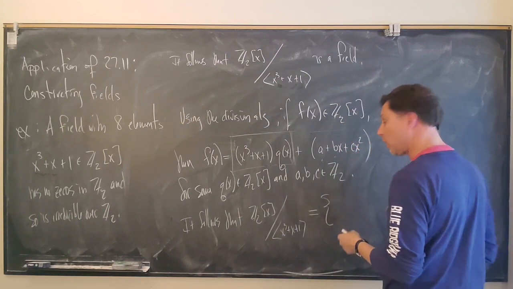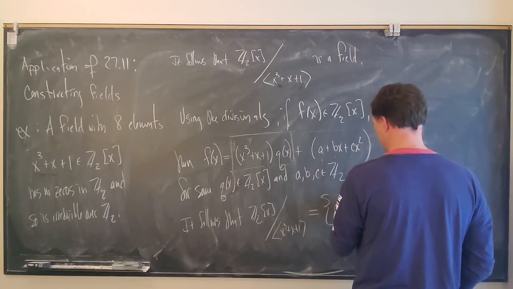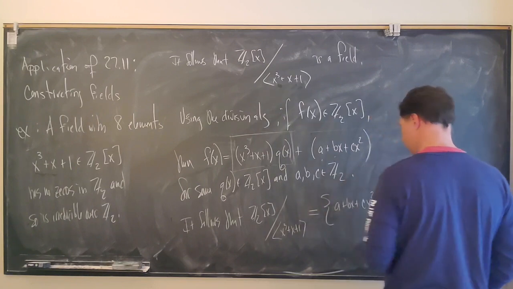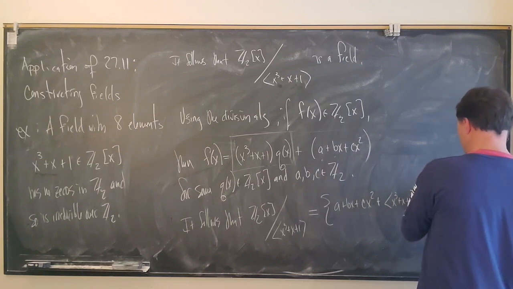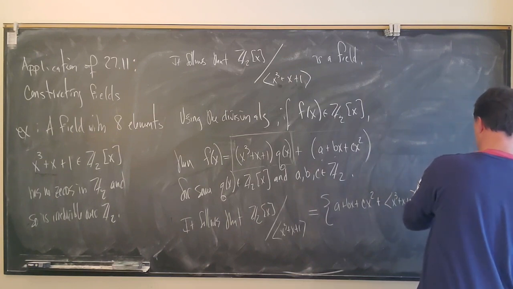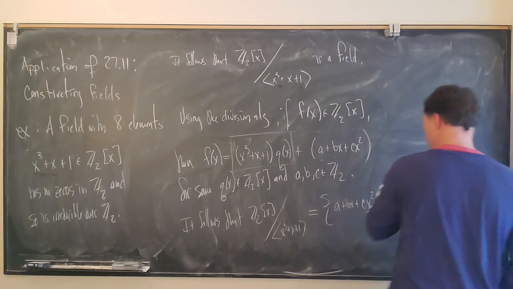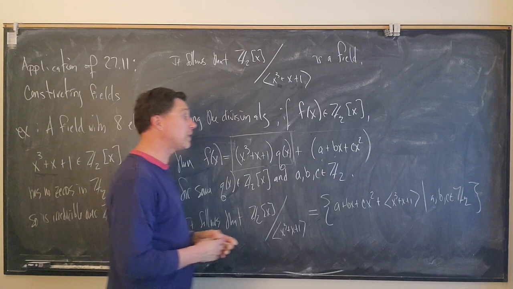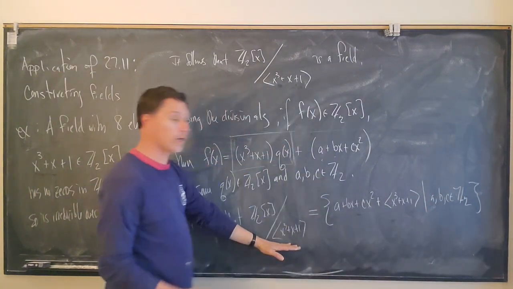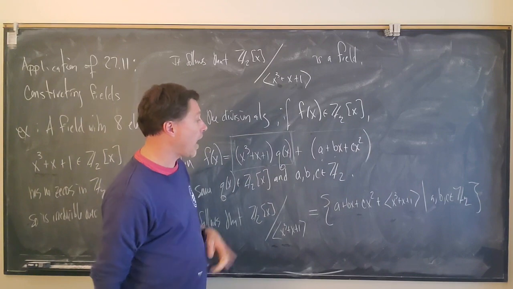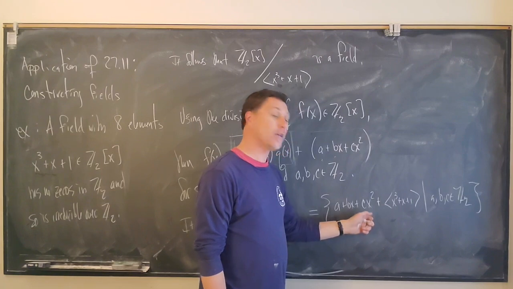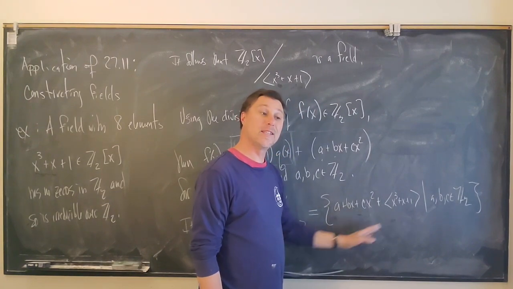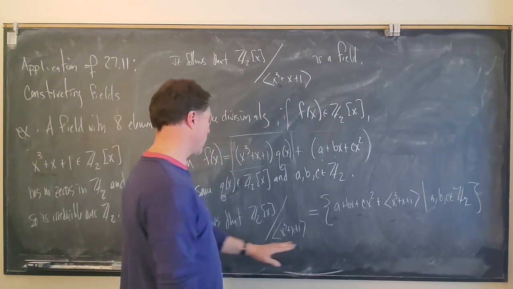I'm going to write down a set of cosets: a plus bx plus cx squared, plus the ideal generated by x cubed plus x plus 1, where a, b, and c are elements of Z_2. So this completely characterizes the cosets living in here. How many choices are there for a? There's 2. How many for b? There's 2. For c, there's 2. So there are 2 times 2 times 2 different cosets living inside here.